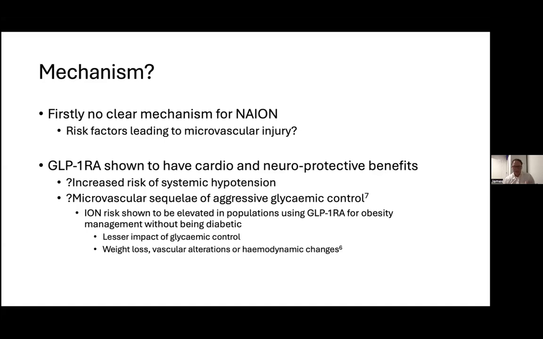Similarly, the rapid improvement in glycemic control that lots of patients see with GLP-1 receptor agonists might be a contributing factor, but really, I think it's anyone's guess at the moment exactly whether there's an interaction and how it does work.